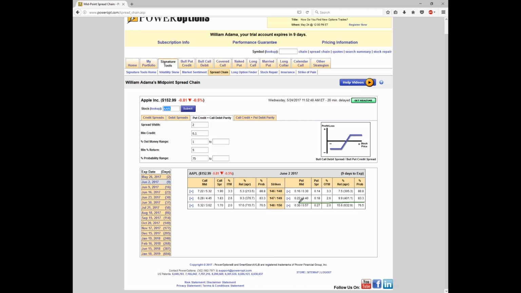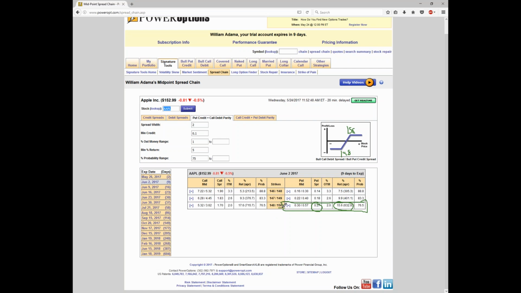The lower probability bull put spread that we looked at, the 150, 148, is shown over here on the right-hand side. At midpoint, we could get a net credit of 27 cents, which gives us that 15.6% return. Again, that's selling the 150 put, buying the 148. Now, the call debit parity would be if I did the same thing but paid a debit.